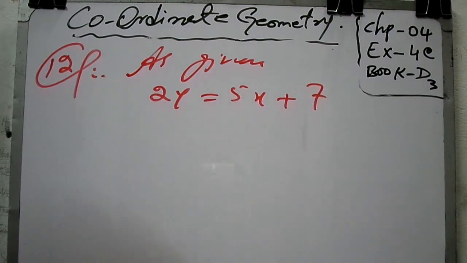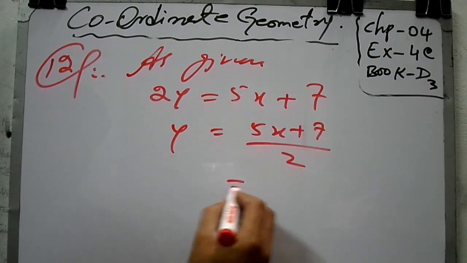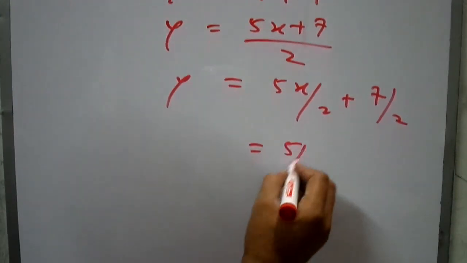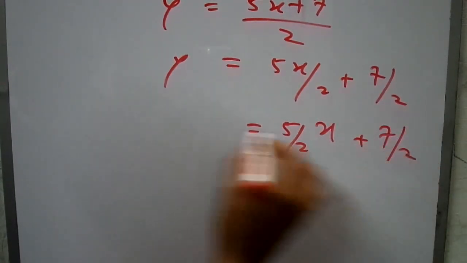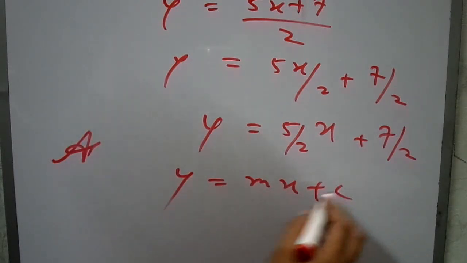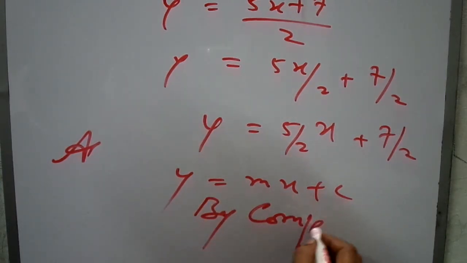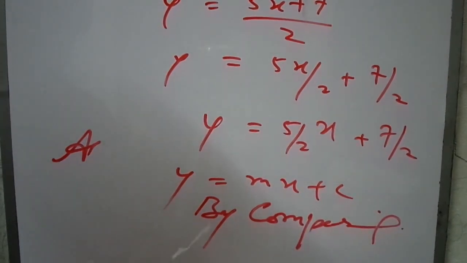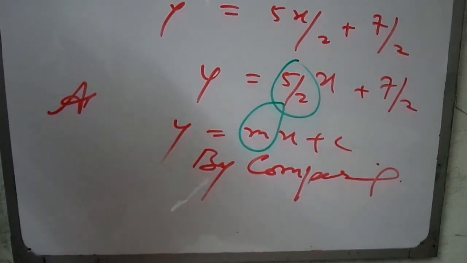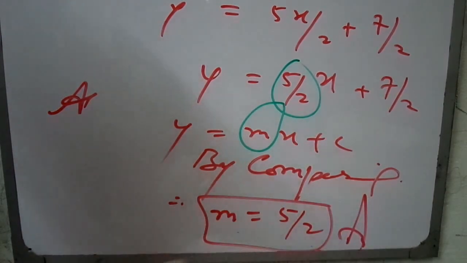Okay, and the value of y is 5x plus 7 divided by 2, that is 5x by 2 plus 7 by 2, that is 5 by 2 x plus 7 by 2. So as the basic equation y is equal to mx plus c, by comparing, after comparing you will get this, the value of slope is equal to 5 by 2. So here is your result.